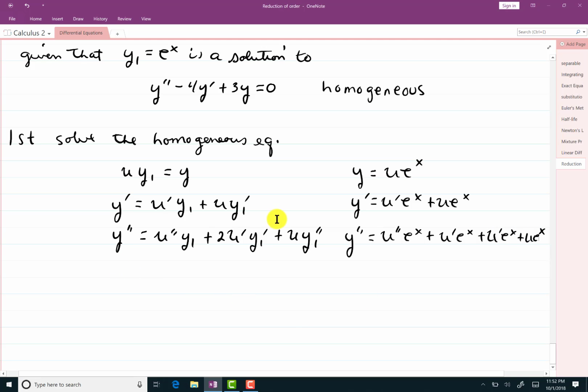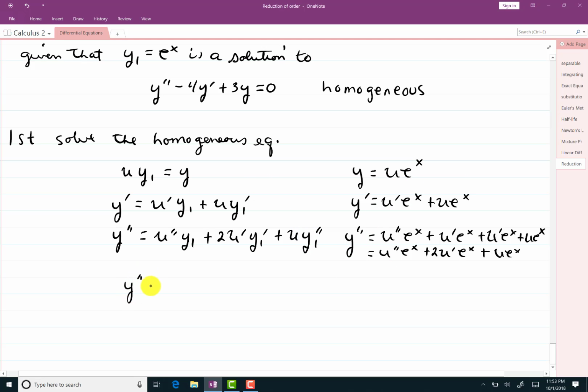I should have taken my own advice here. This equals u double prime e to the x plus 2u prime e to the x plus u e to the x. Plug these all into there, and hopefully you can see that e to the x can absolutely be factored out of everything. So let's go ahead and throw it in.